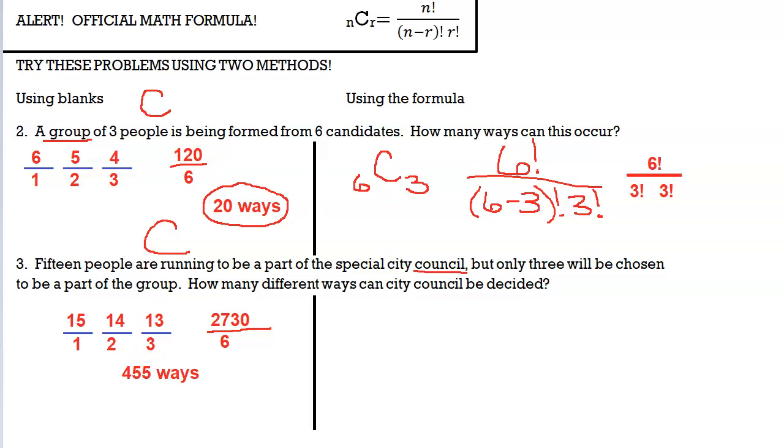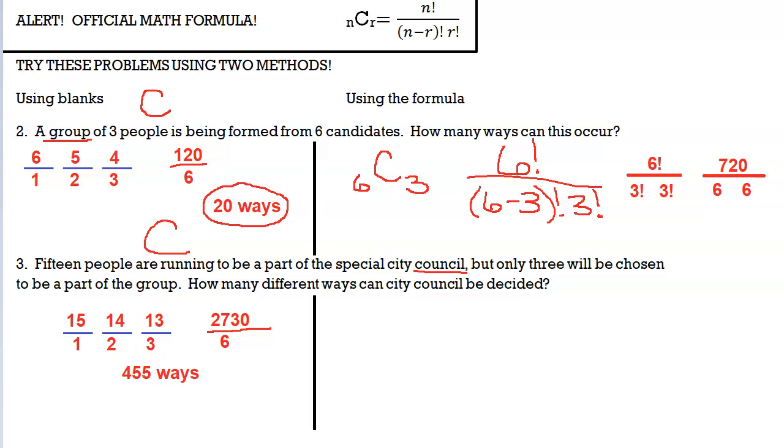All right. So what you would end up getting here: 6 factorial, 6 times 5 times 4 times 3 times 2 times 1, is 720. Then 3 factorial, 3 times 2 times 1, is 6. And then we would have another 6.